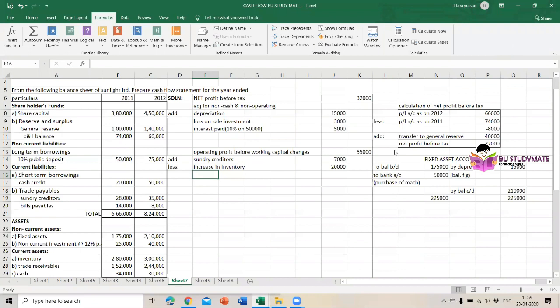For the public deposit, we have another one, so I have not written here. I have left those 2 rows. I will explain it to you in the later part. Then increasing inventory. Then is trade receivables. It is also increasing.